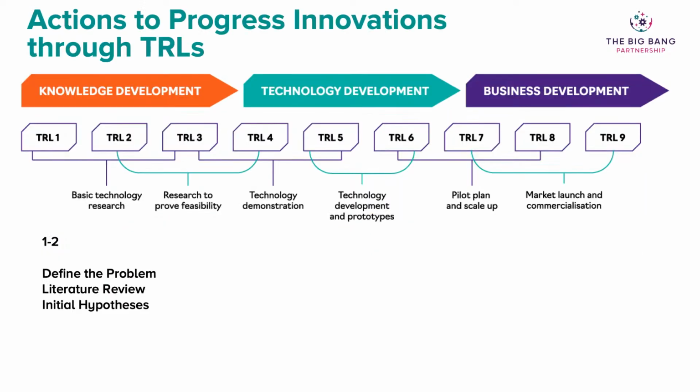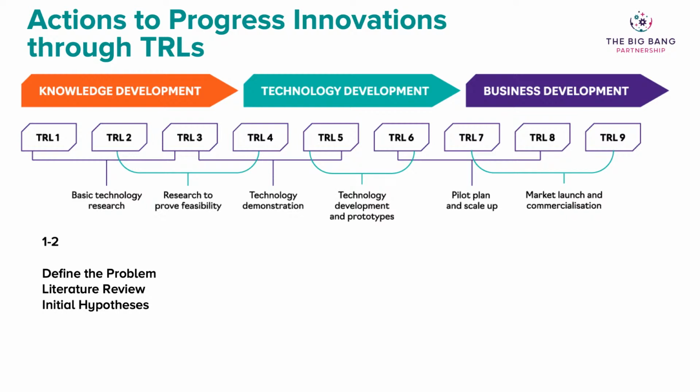So for instance, to move from TRL 1 to TRL level 2, it's about really understanding the problem, giving a great definition of that problem, being really clear, because if you're not clear from the outset what is the problem you're trying to solve, and how does that problem need to be solved, and making sure you're solving it in the right way, then you're going to take a few steps forward and have to come back again to resolve that. So getting the problem sorted in the early stages is good.